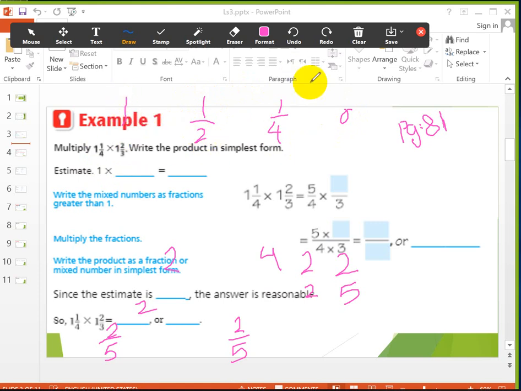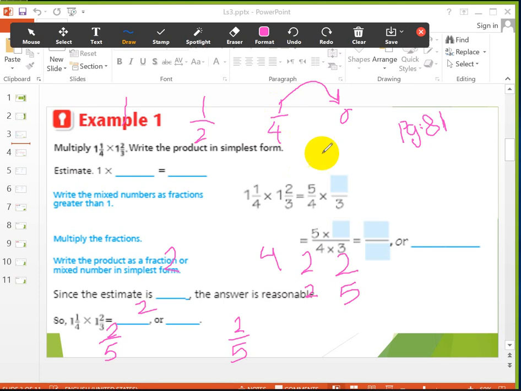So you have to know 1 over 4 is close to 0, right? I want to round the number to the nearest whole, so I can't round it to 1 over 2. So I have to round this number to the nearest whole.